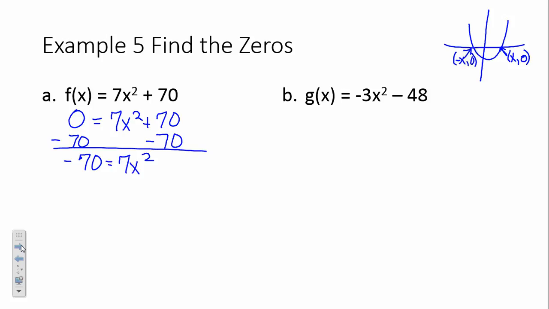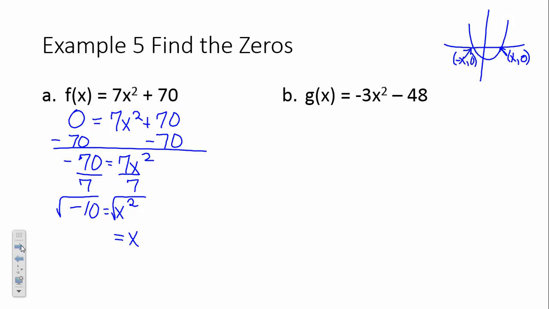What's the next step? Divide by 7. What's the next step? Square root. Okay. When I square root both sides, I get good old x.